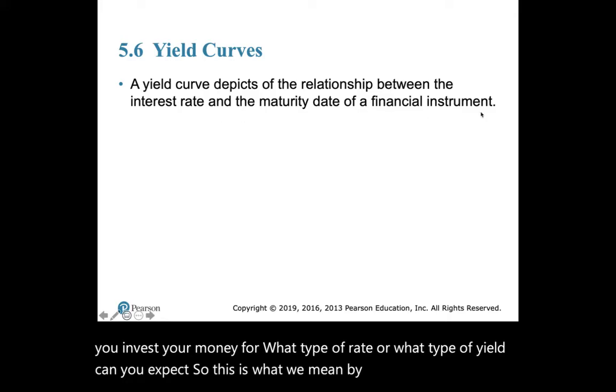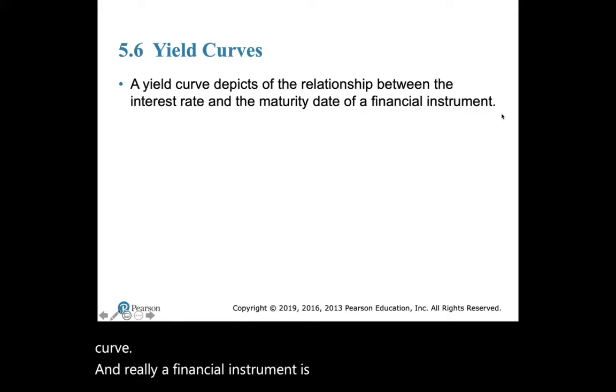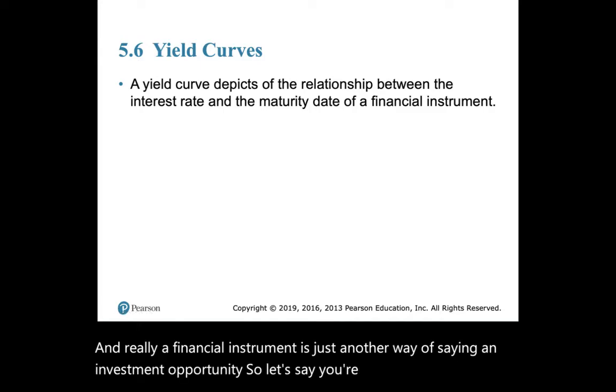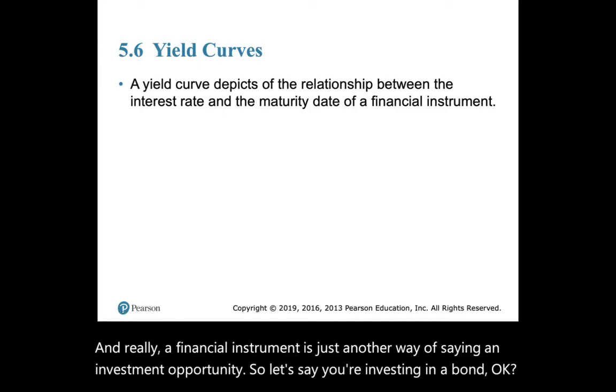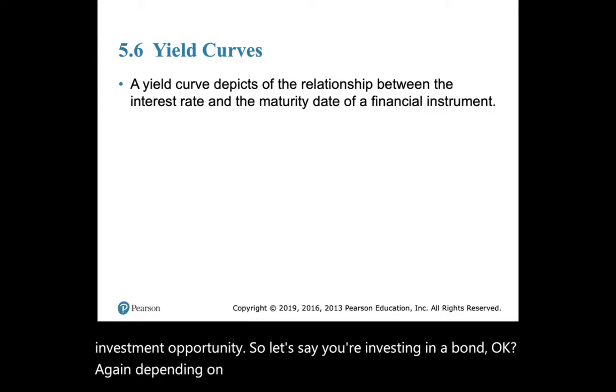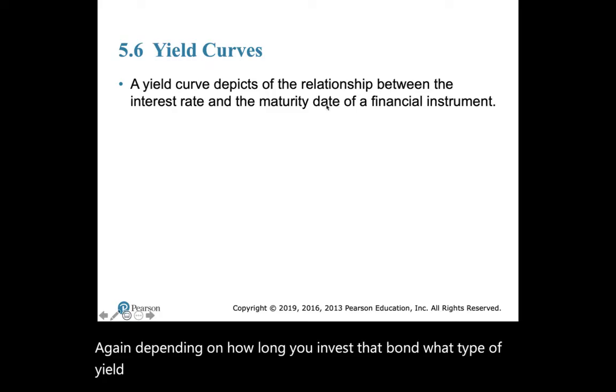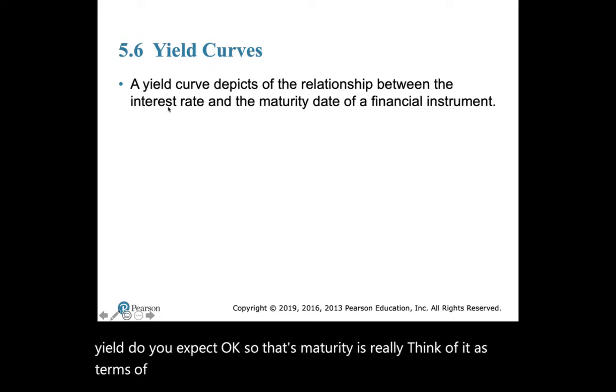A financial instrument is just another way of saying an investment opportunity. So let's say you're investing in a bond. Depending on how long you invest in that bond, what type of yield do you expect? Think of maturity as time versus the return on that time.